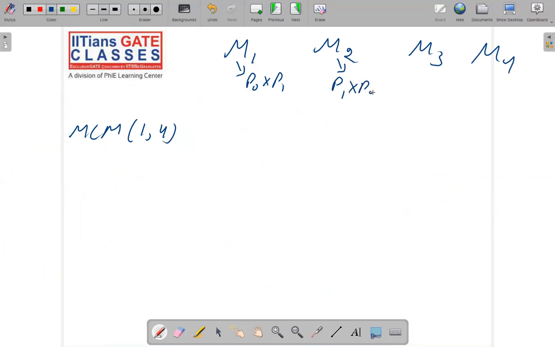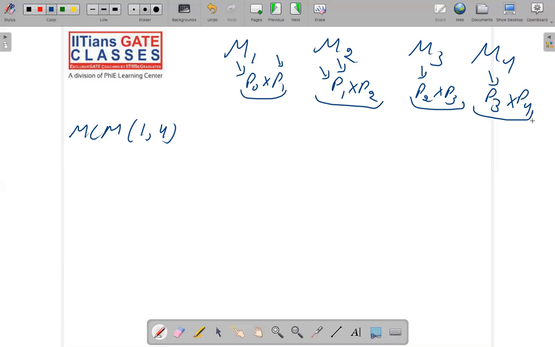M3 has dimension P2, P3, and M4 has dimension P3, P4. You know that the number of columns in M1 should be the same as the number of rows in M2, right? Then only M1 and M2 can be multiplied. So that's why the dimensions are like this. These are the dimensions that are given, right?